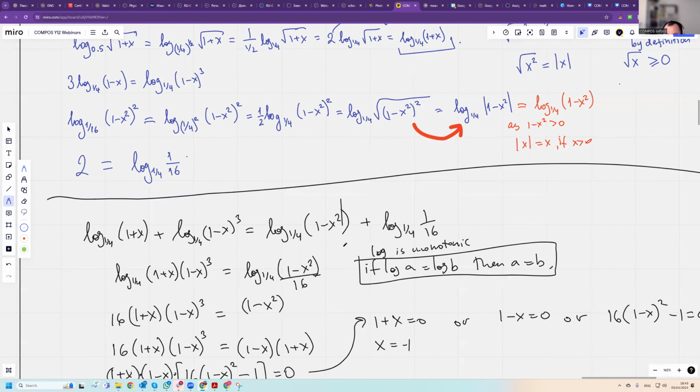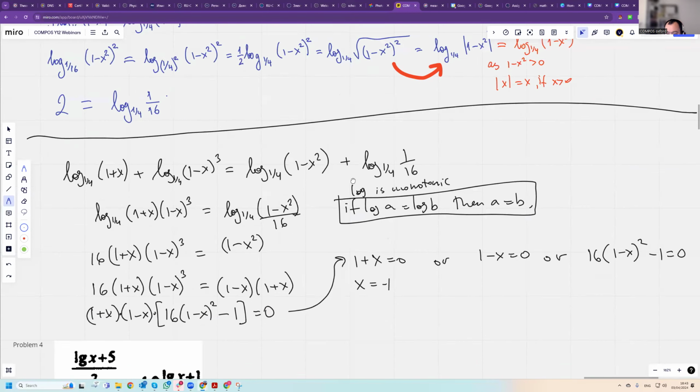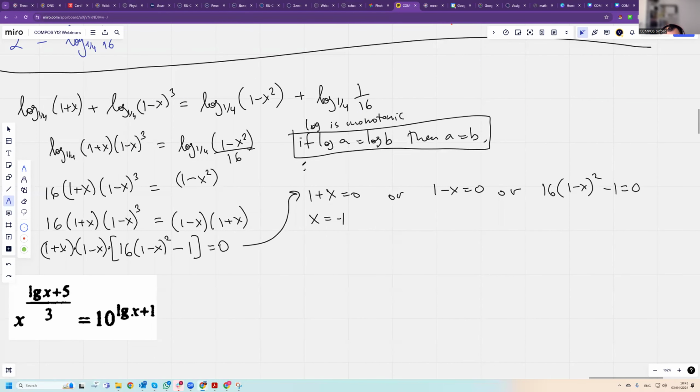No, it is not, because remember, we've established that x is between 1 and minus 1, not inclusive. Therefore, not valid. That x equals 1 is not valid.